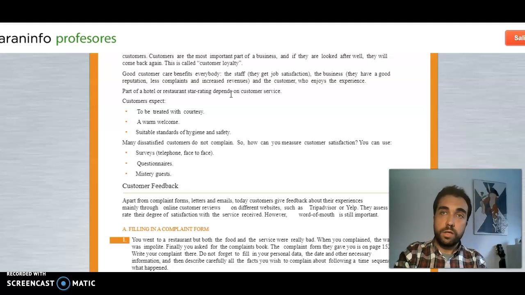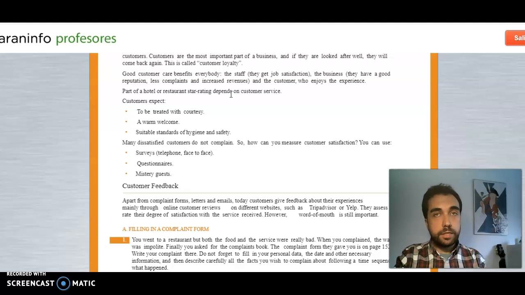If we don't achieve them, it's possible that these customers could make a complaint against our business. Something that is very common, especially in hospitality jobs, because you're facing lots of customers, and you're dealing with a fragile product such as the food in a restaurant or rooms in a hotel.